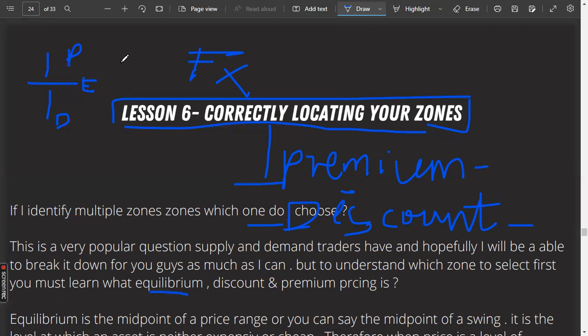At 50 it is equal. We are not going to deal with this equilibrium. It just tells us this is an area where there is equilibrium. We don't want to make decisions where we have equilibrium. We are just going to decide whether we are in discount or in premium. In premium, we are going to sell. In discount, we are going to buy.